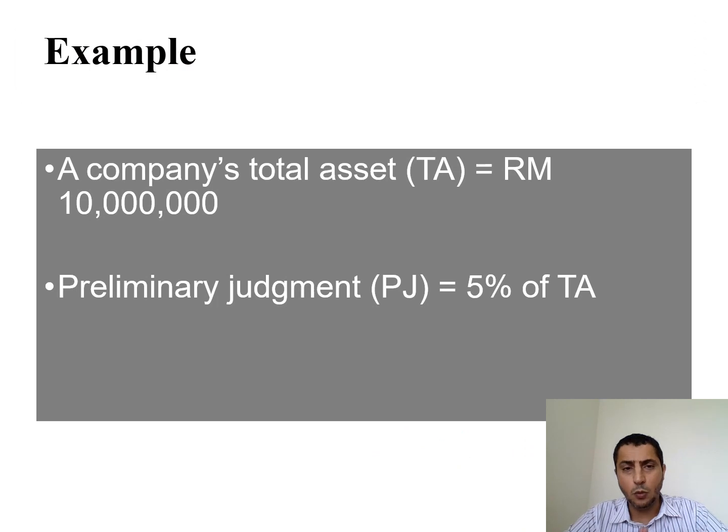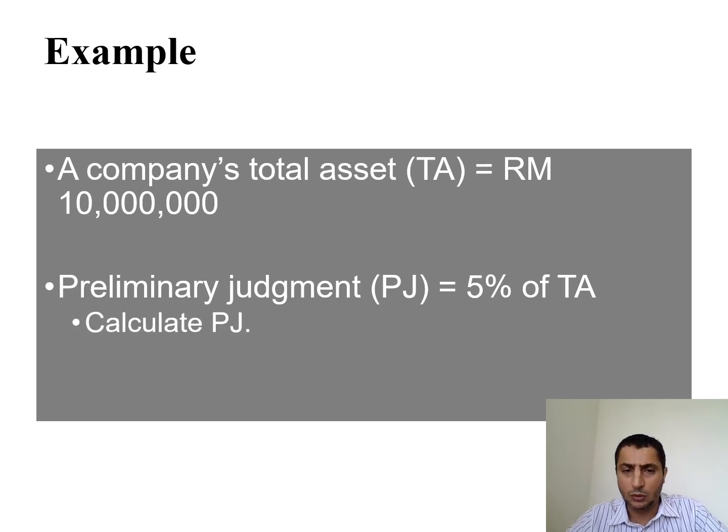To illustrate more, let's say in this example, the total assets for one of the companies is 10 million RM, and we set up the preliminary judgment to be 5% of total assets.